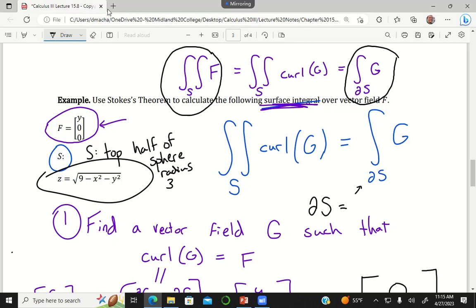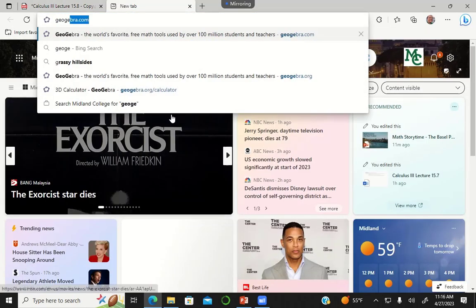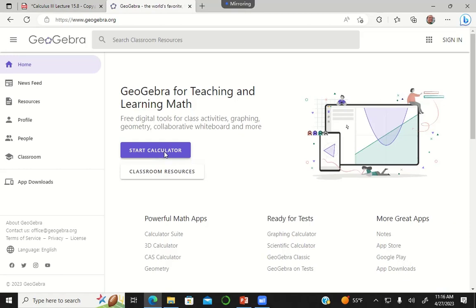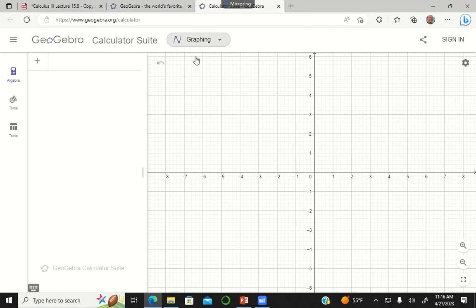So partial S, I could write that as a parametric curve and write it 3 cosine t, 3 sine t, 0. That's a parametric curve for a circle of radius 3 in the xy plane centered at the origin. And I just want to really drive this point home, so I'm going to graph it, right?